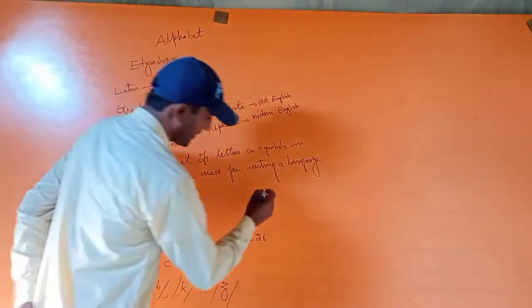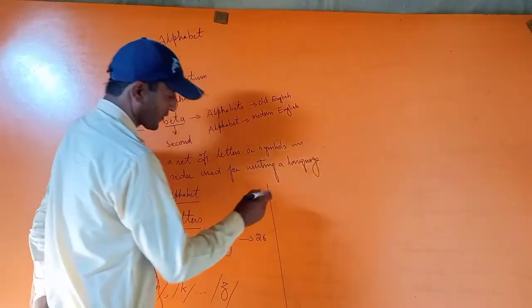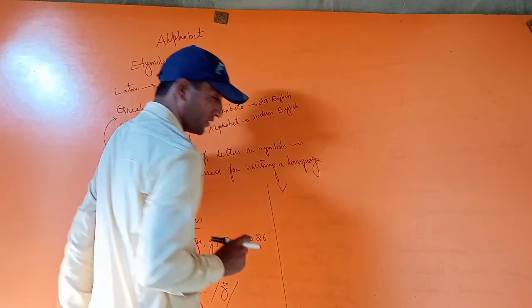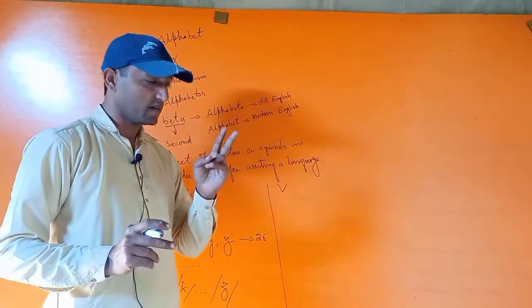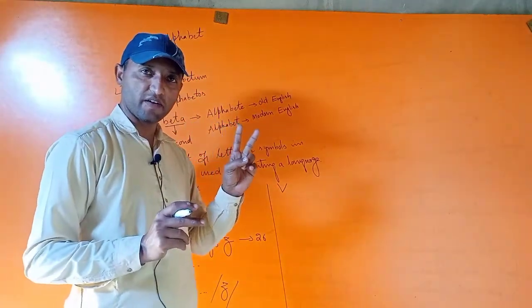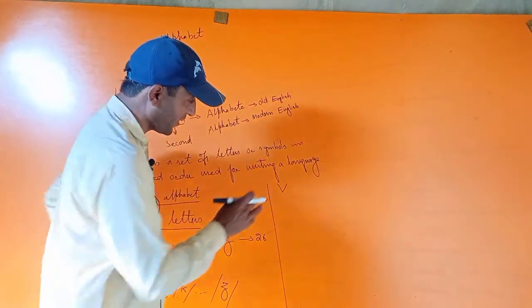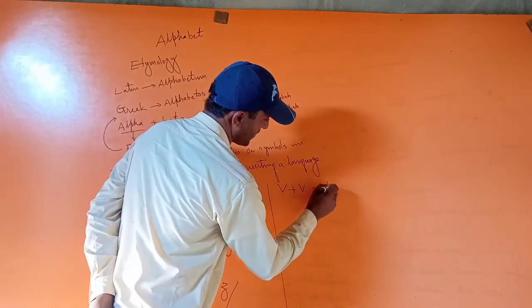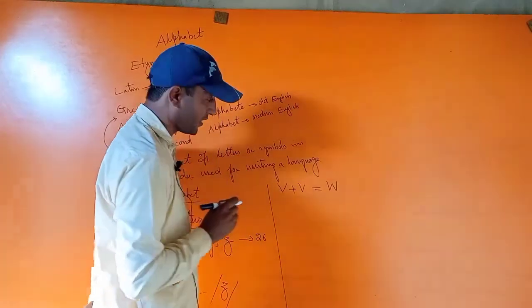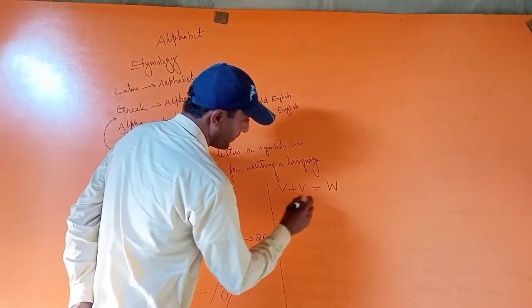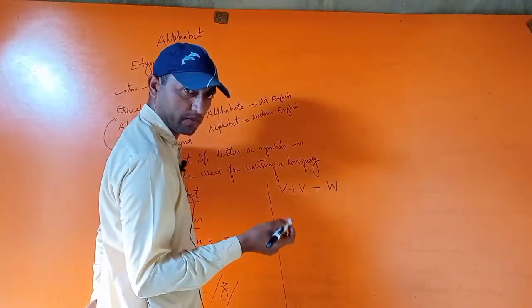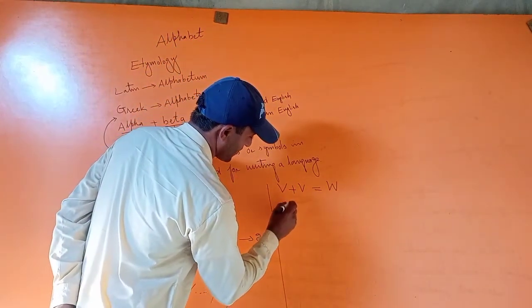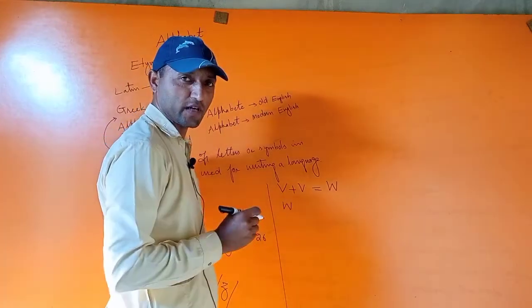First, suppose we have a V. V stands for victory, but here V plus V, you will see double V. Double V means W. So this letter has two sounds.